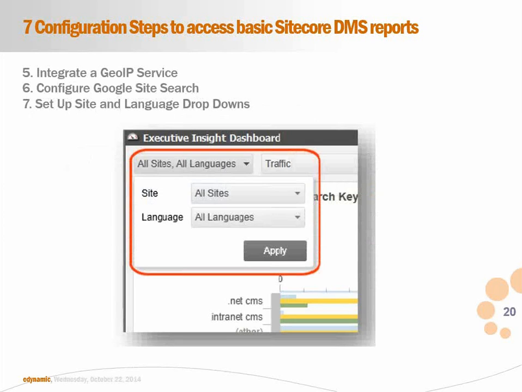Configure internal site search, and use the right setup for the site and language drop-down. That will give you the basic out-of-the-box Sitecore reporting, executive dashboard, and engagement analytics. Looking at these reports, you can make better data-driven decisions and optimize the customer experience.